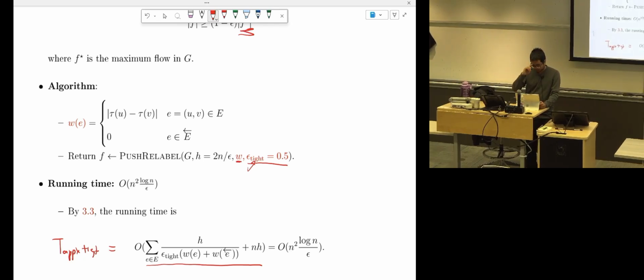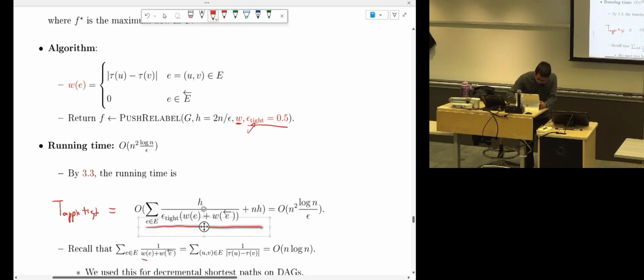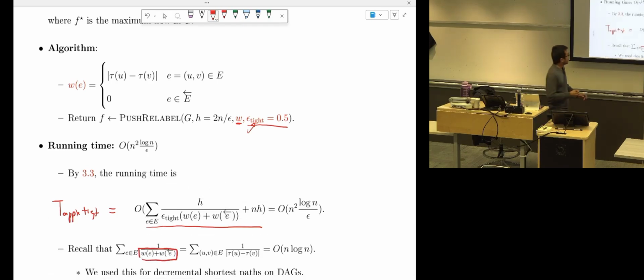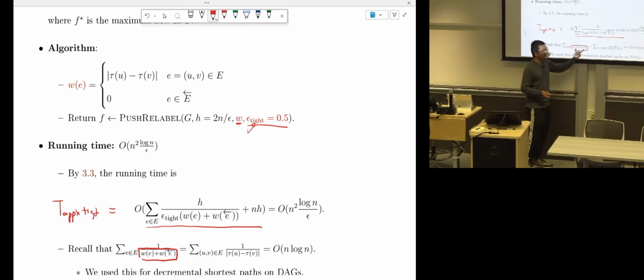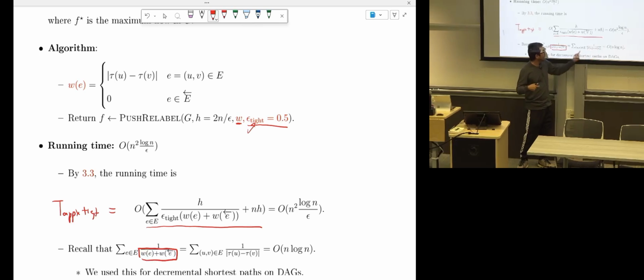Basically, this thing is a sum of the weight for the backward and forward one, but this is going to be at least the difference of tau in the endpoints. But the sum of this thing is n log n. You recall this, right?